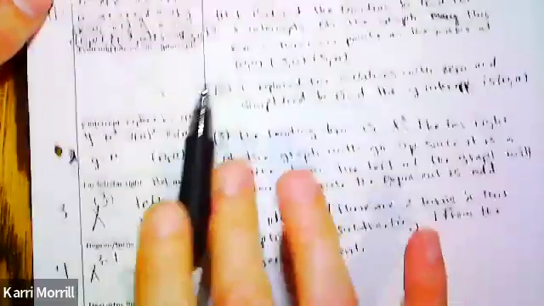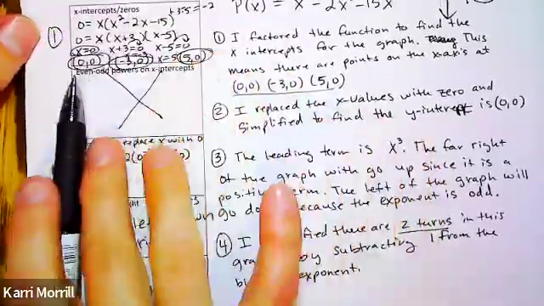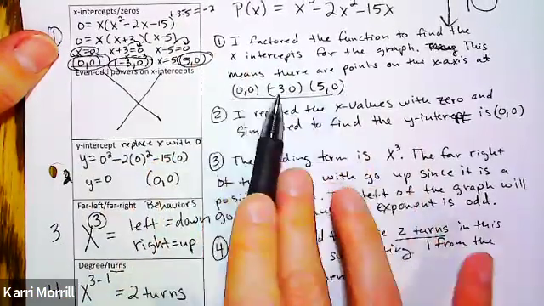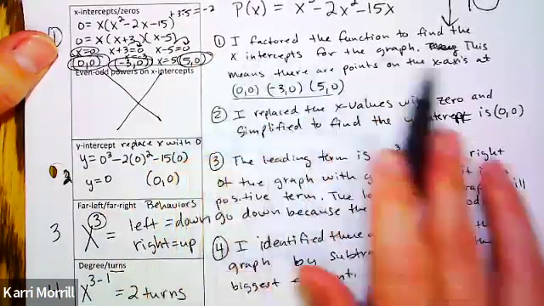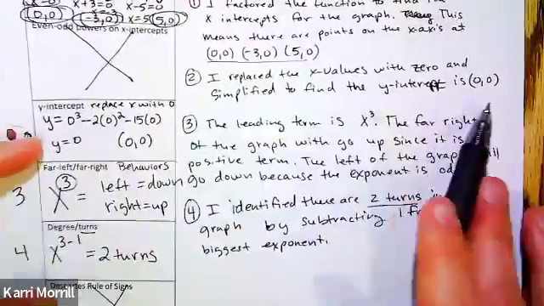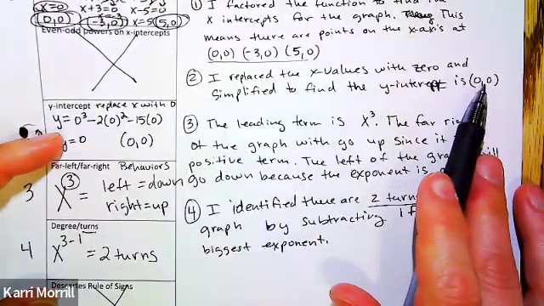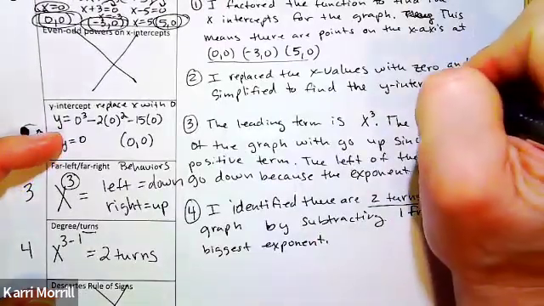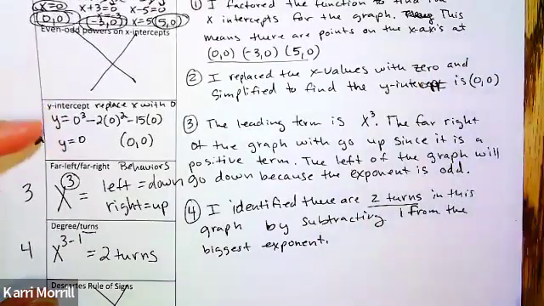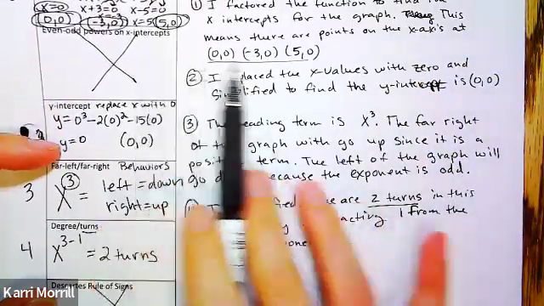So notice, even though in my work I identified my x-intercepts, for example, for one, we still need to state that, but we need to tell how I did that. How did I find that? How did I know the y-intercept, which I really messed my C up. My y-intercept is (0, 0). How did I know that? I just tell how I did it.